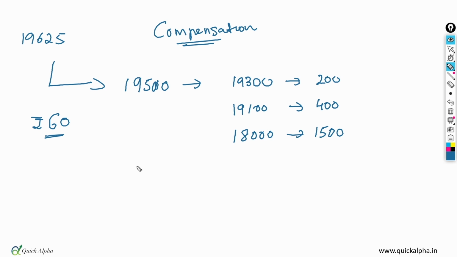And also, as we already discussed, if the market is actually staying above 19,500, let's say even at 19,501, 19,510 or 20,000, it doesn't matter where it goes on the higher end. In this case, the seller gets to keep the entire premium of 60 rupees. That means the buyer will be losing 60 rupees.